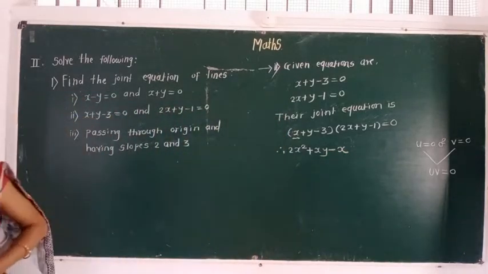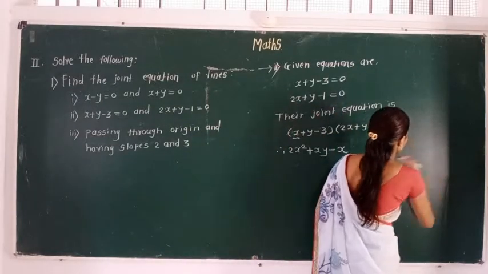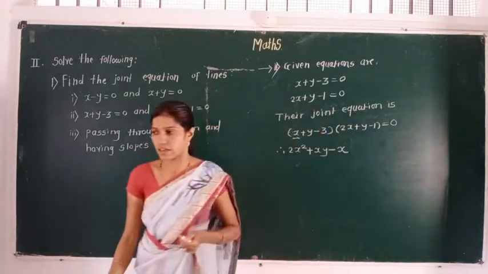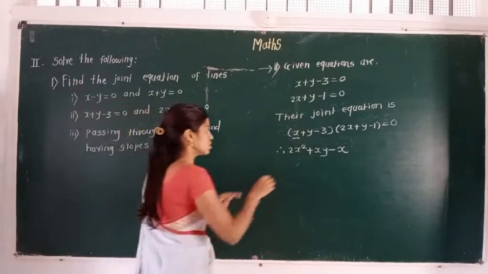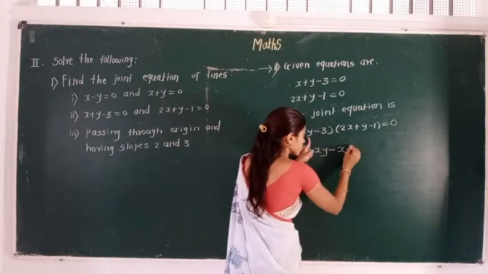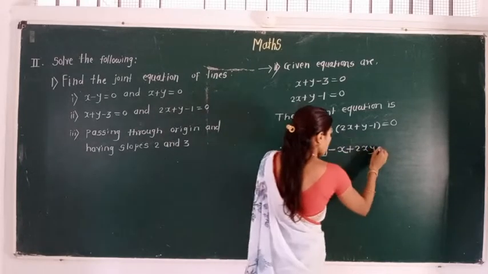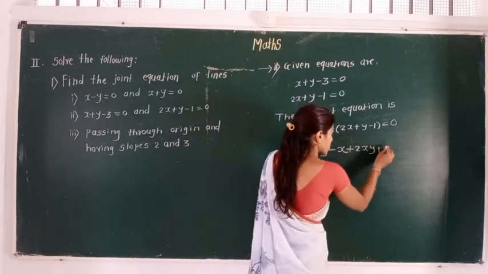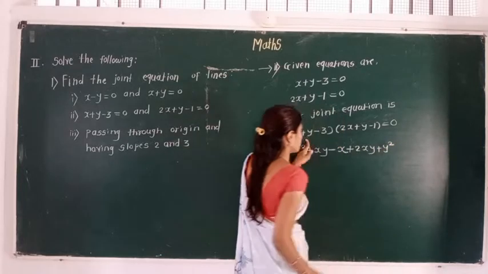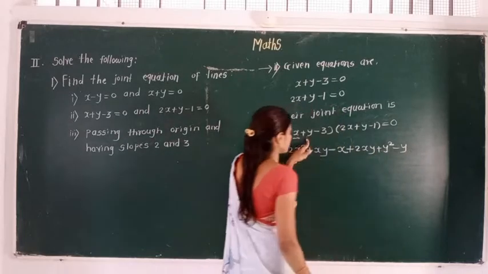Now take the second term of the first bracket and multiply into the second bracket. We write here y into 2x, get 2xy, y into plus y, we write y square, y into minus 1, get minus y.